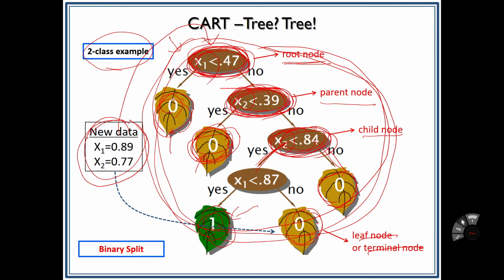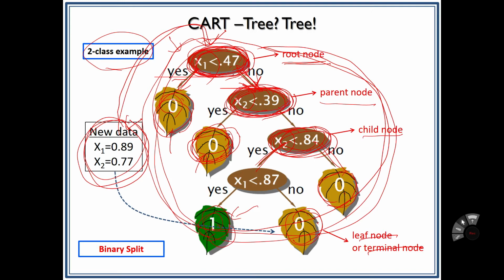Again, for this new observation into the root node, we check if this rule is true based on the new data. Because x1 is 0.89, is x1 less than 0.47? No, so it goes this way. By the convention of decision tree, if this condition is satisfied, we go to this direction, and if the answer is no, we go to this direction.